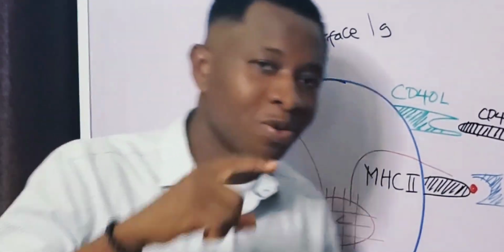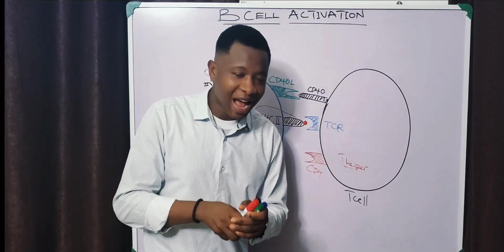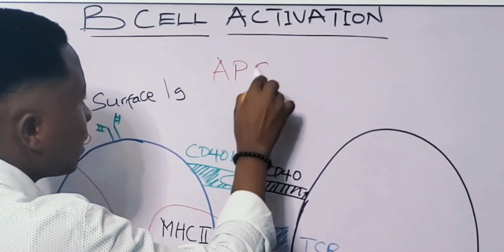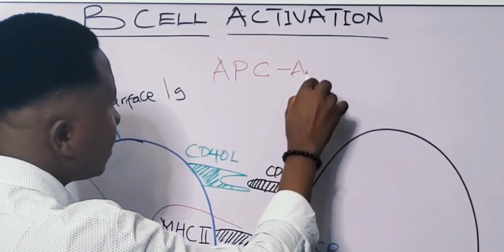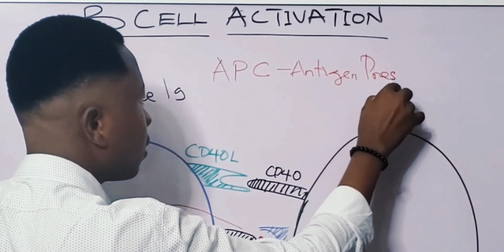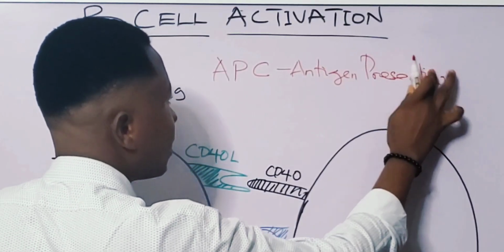Now, that brings us to another thing. The B cell is categorized as what we call APC, which is antigen presenting cells.